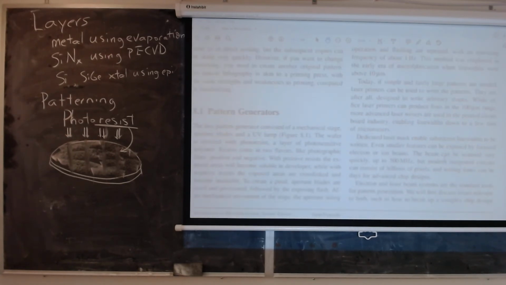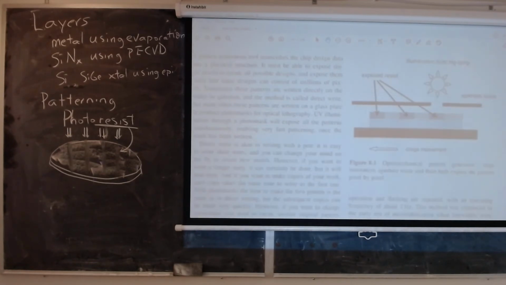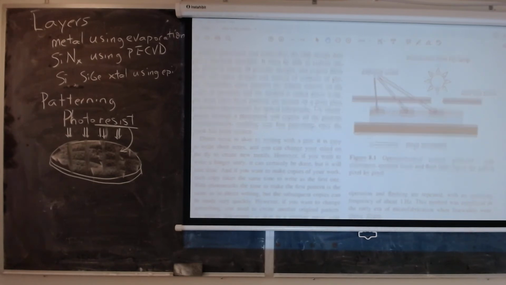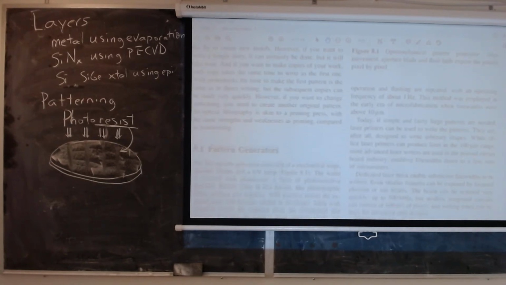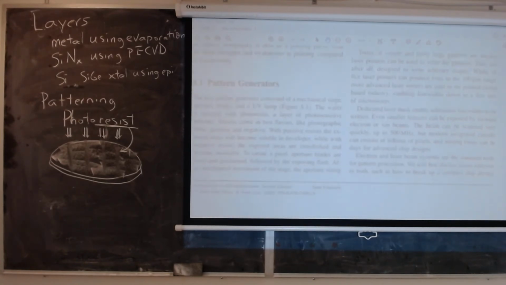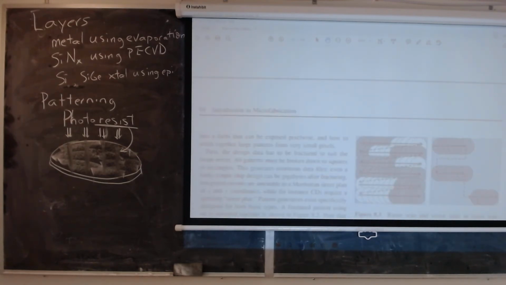How does photoresist work? Well, he doesn't get into the chemistry here much, but you get the idea that when you take this photoresist, which is a polymer material, and expose it to either light or electron beams, it changes its chemistry, and so it changes how it's affected in the developer. So you're performing a chemical change through the exposure, and that's all you really need to know about it right now.